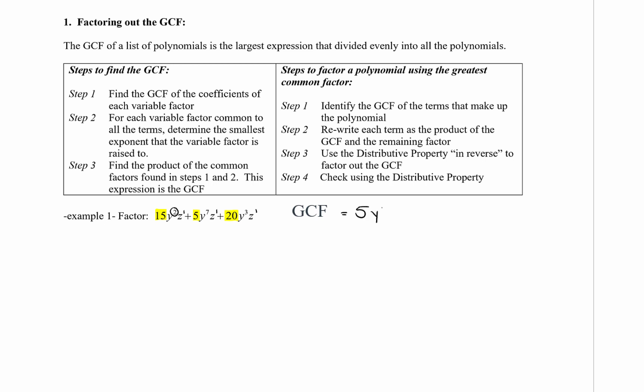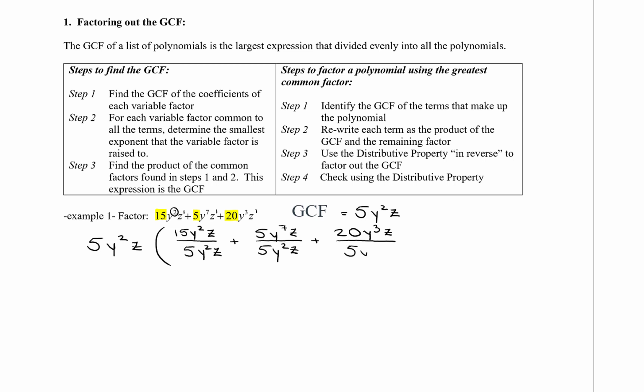In order to factor out that GCF, I'm going to write 5y squared z first, and then I'm going to open up a set of parentheses. Now when I factor out a GCF, I'm actually dividing by that GCF into each one of these terms. So I'm actually going to show this step. I'm going to write down 15y squared z divided by 5y squared z plus 5y raised to the 7th z divided by 5y squared z plus 20y cubed z divided by 5y squared z, and I'm going to close the parentheses.